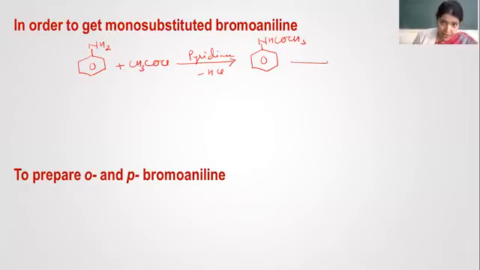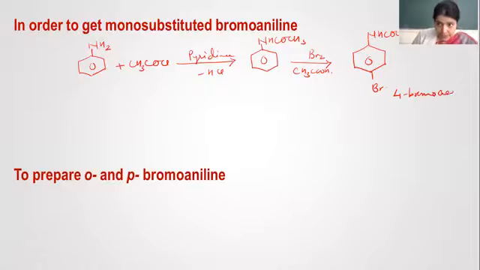After this, when we add bromine in acetic acid, there is the formation of para-bromoacetanilide. This compound is converted into 4-bromoacetanilide. Since the anilide group is big enough, the ortho positions remain sterically hindered and bromine cannot attack the ortho position.